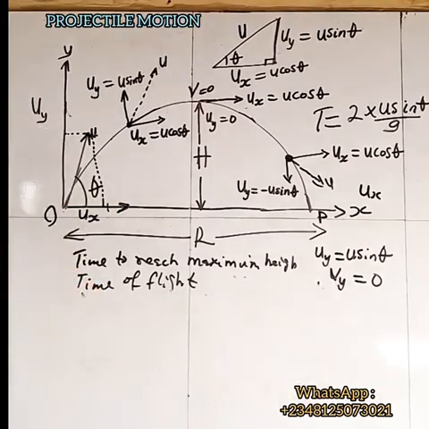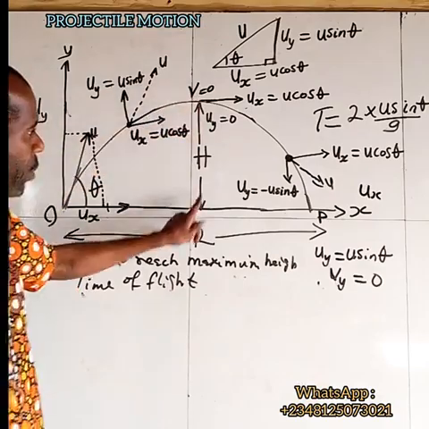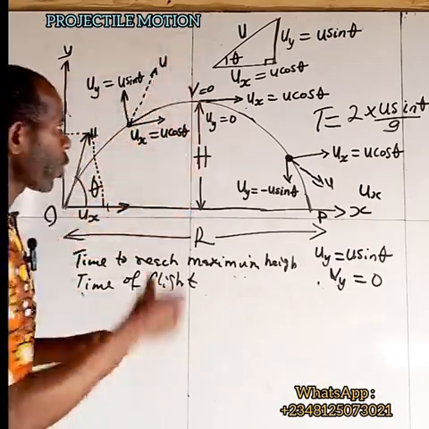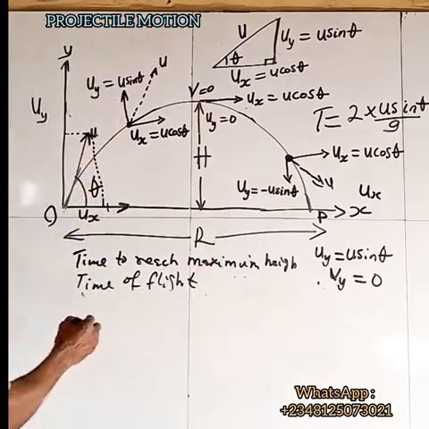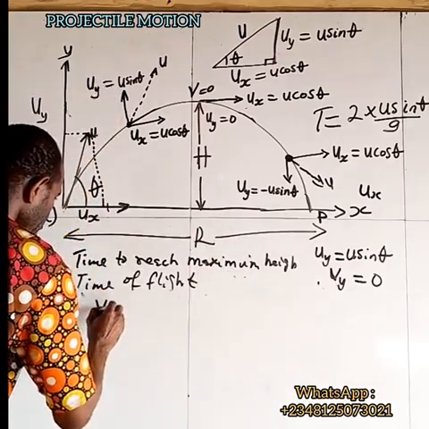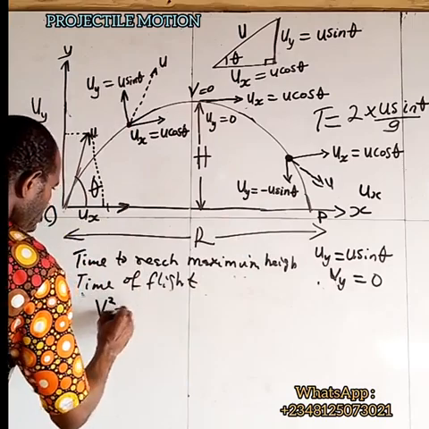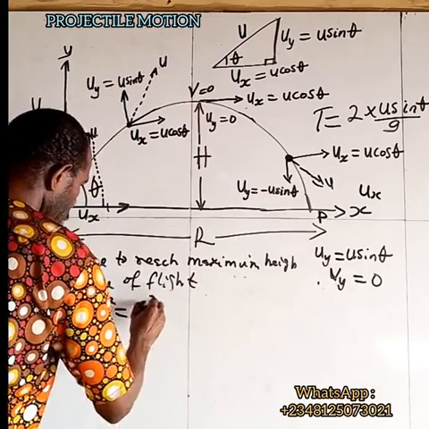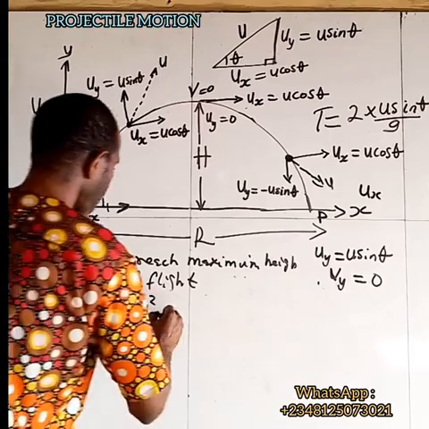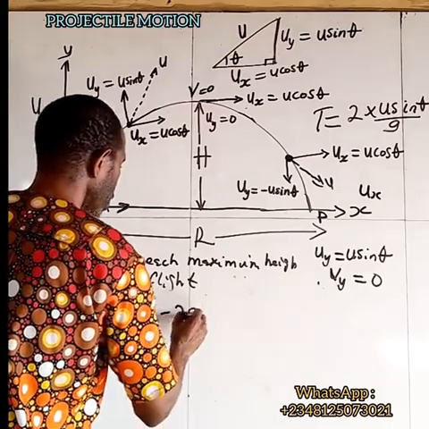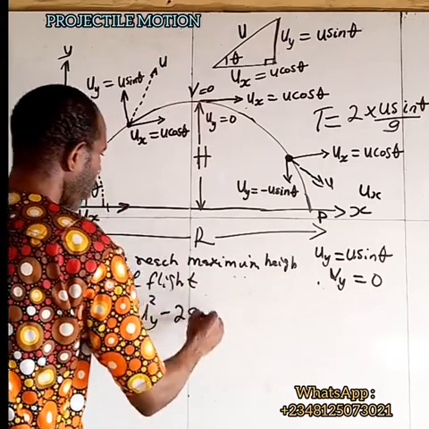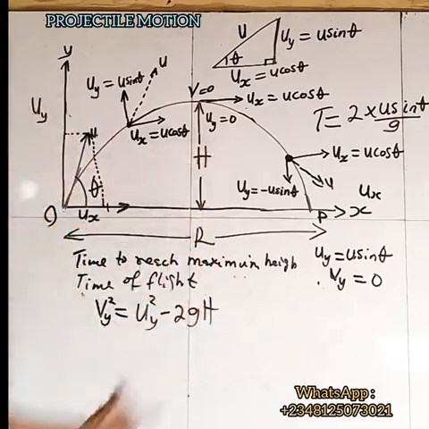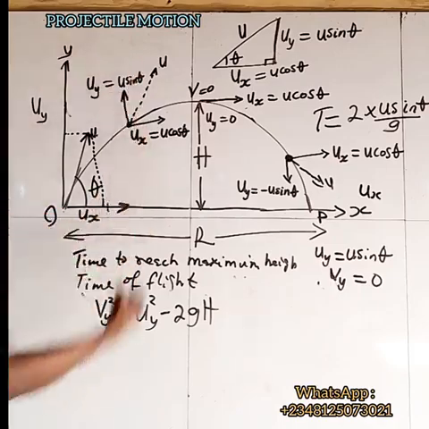So the maximum height is the vertical distance. Remember, it is vertical distance. We are going to be using one of the equations of motion where we have v squared. So it now becomes vy squared equal to u squared, that is uy squared, minus 2g, and this will now become our h, since we are dealing with vertical distance.